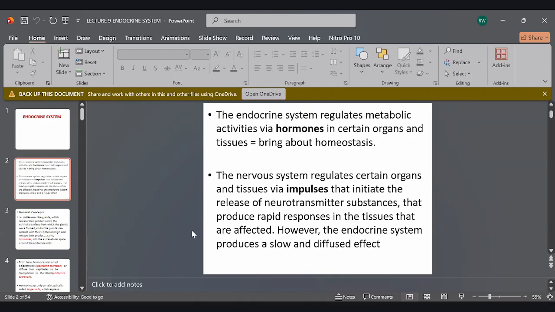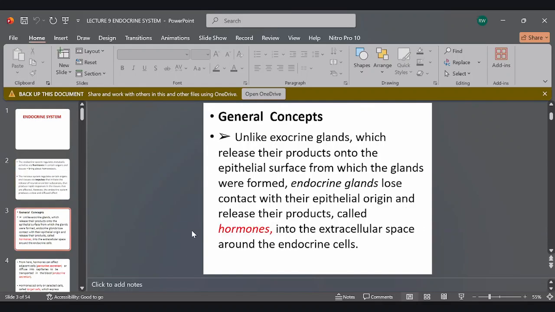So those are the two differences: the nervous system produces impulses that release neurotransmitters, which is rapid in the affected tissue, but the endocrine system produces a slow and diffuse effect to the body.